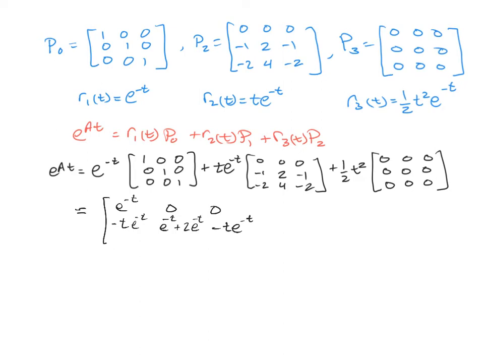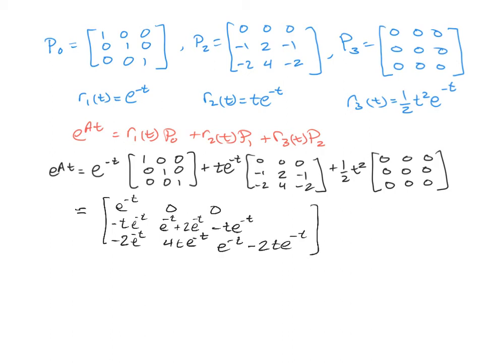And then finally for the bottom row, pick up a 0 in the first, a negative 2 e to the negative t here, and a 0 back there. In the middle, we got a 0 in the first, a 4 in the middle, so that's a 4t e to the negative t. And then for the last, we've got a 1 e to the negative t, and then a minus 2t e to the negative t.